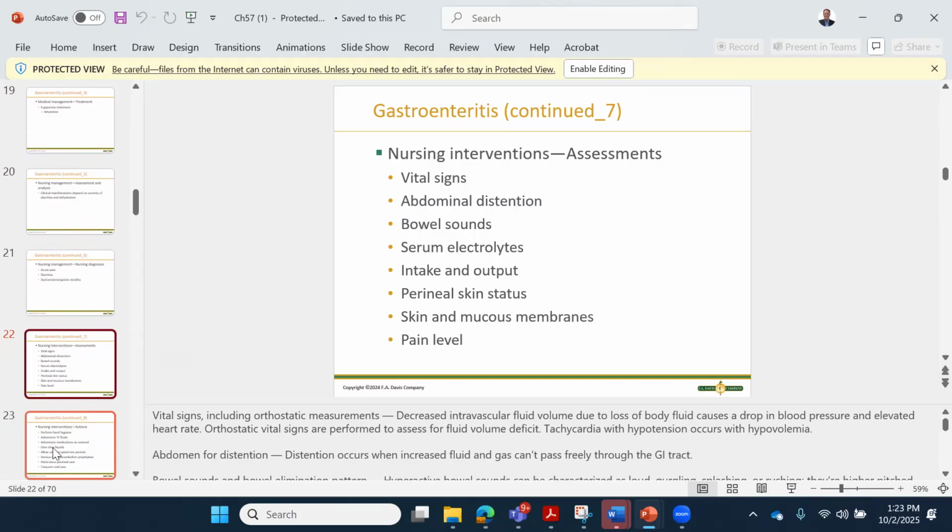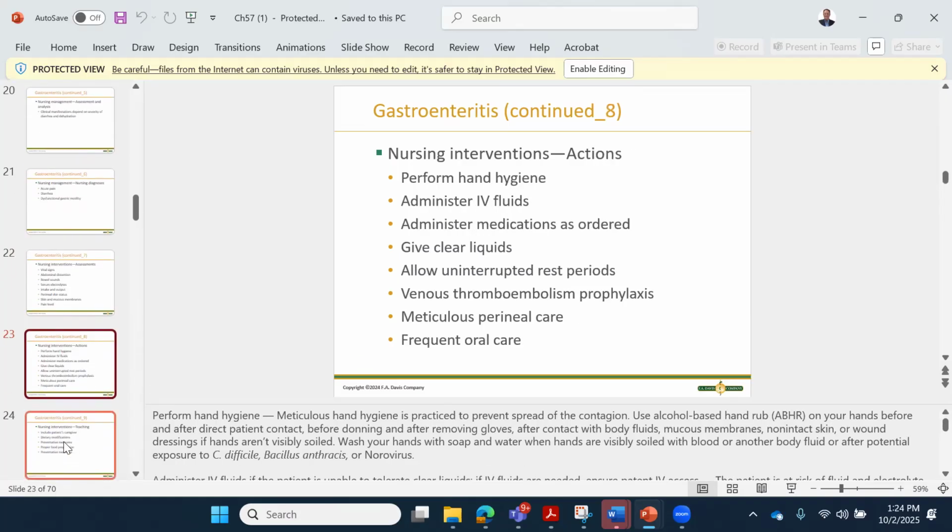But again, really pay attention to the electrolytes. Look at intake and output. And we know that output is a good sign of perfusion. Urine output is, but you also want to measure the output, for example, if they're having large amounts of vomitus or large amounts of watery diarrhea.